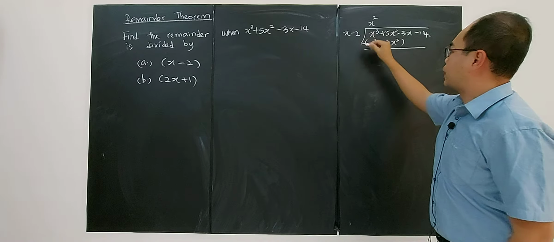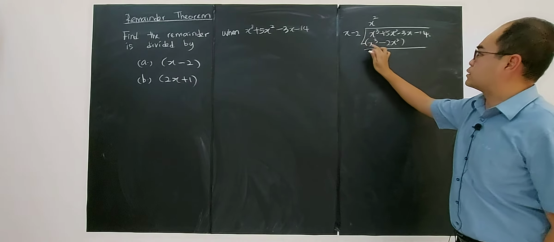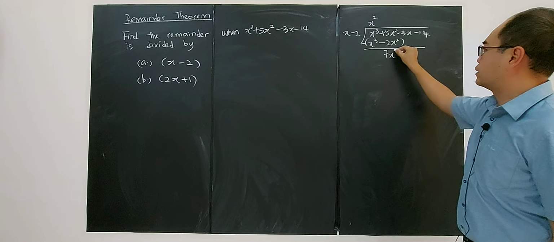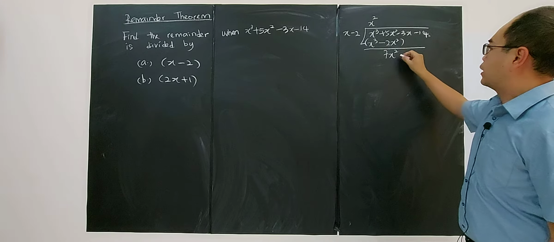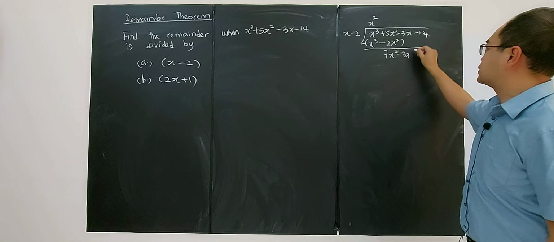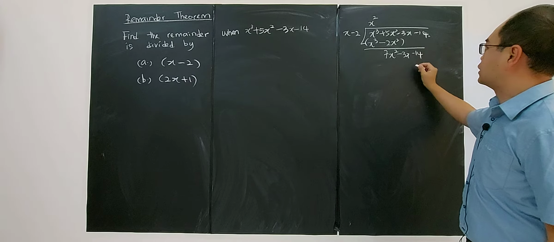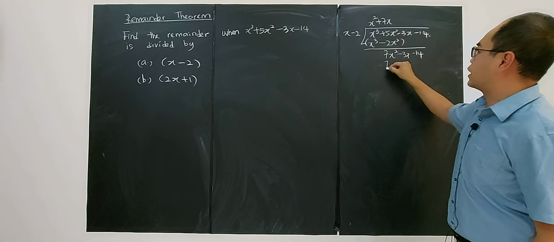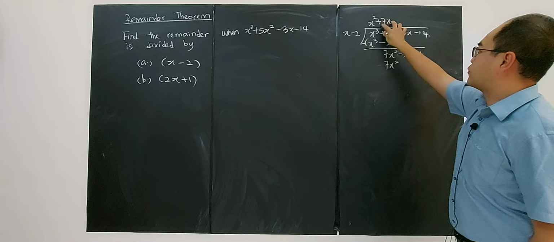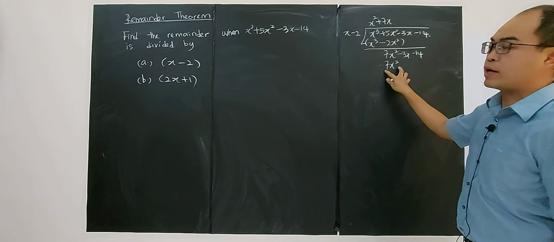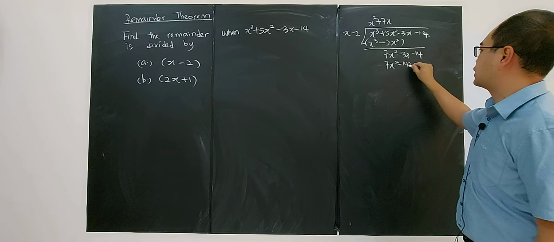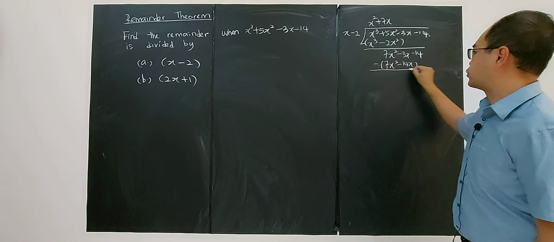Subtracting, x cubed minus x cubed gives 0, and you have 7x squared, negative 3x, negative 14. Then you multiply by 7x to get 7x squared: 7x times x is 7x squared, and 7x times negative 2 is negative 14x. Then you subtract again.